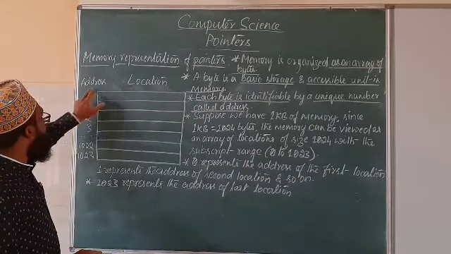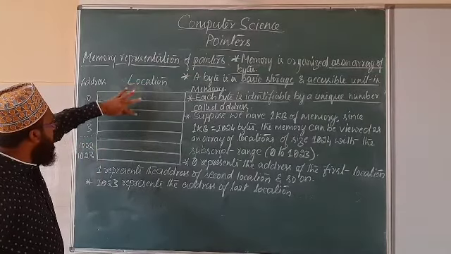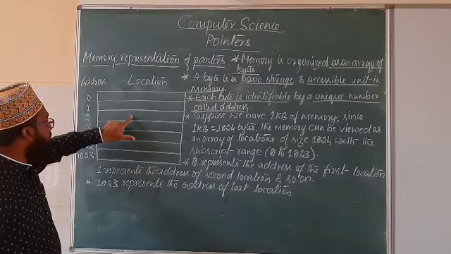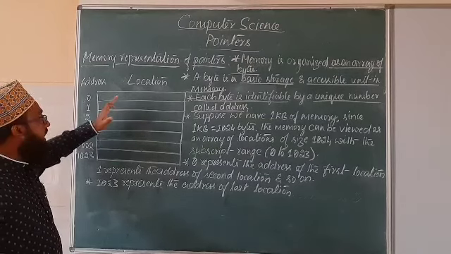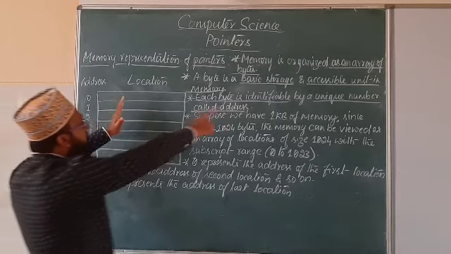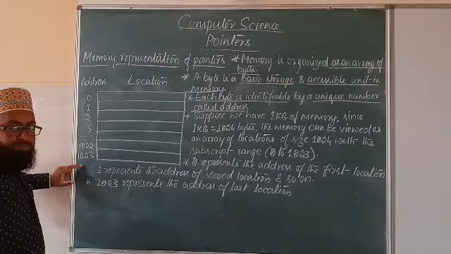Look here, there is an address and there is a location. Think of these locations as bytes: first byte, second byte, third byte, fourth byte, like that. Each byte is identifiable by a unique address.